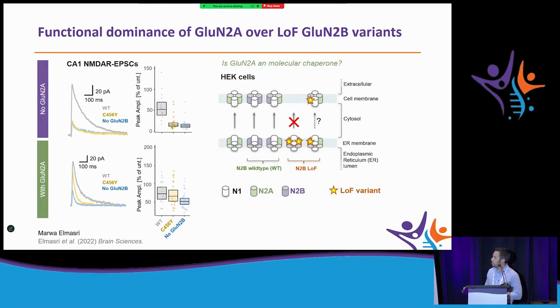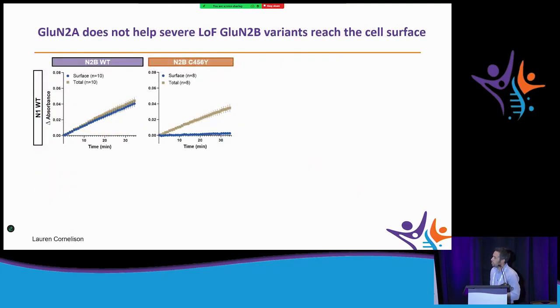And so it did make us wonder whether there's a molecular chaperone effect of GLUN2A, whereby triheteromers with GLUN2A may actually help deliver GLUN2B variants to the surface. And Casper Hansen's lab, I've got one more data slide to show, and his PhD student Lauren, they made a beta-lactamase tagged GLUN2B and have done an assay in HEK cells to see whether there's any support for this idea.